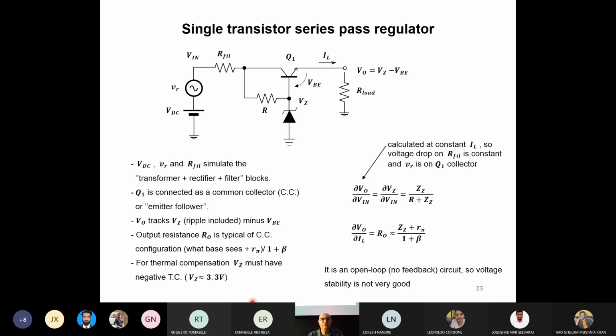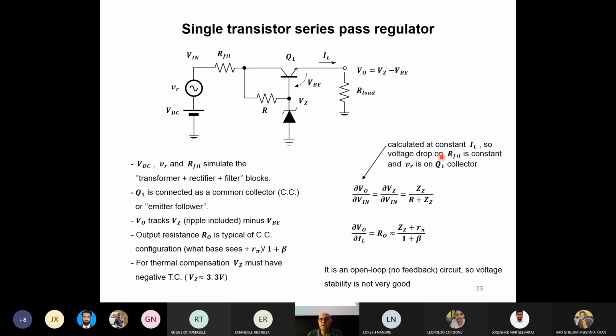That's the reason why we prefer a 3.3 volt Zener diode for this circuit. If you use 3.3 volts, the system will be stabilized. What's the output voltage in this case? 3.3 minus 0.7, that is 2.6. Well, is that useful? I don't know. Otherwise, if we want higher voltages, we must say bye-bye to the thermal stabilization. This is a very poor circuit, just for if you don't have money for paying for something more complicated, but we'll see how we can improve things.